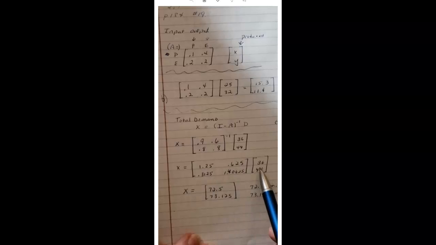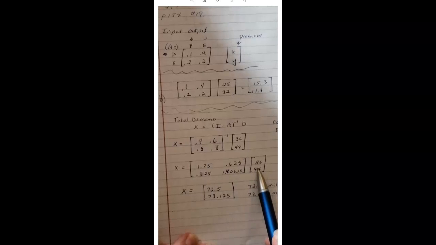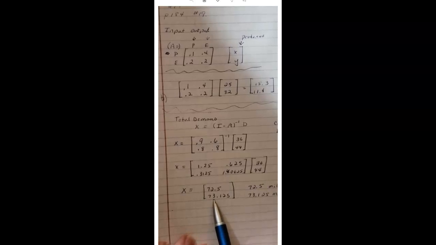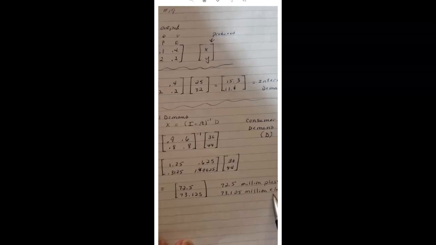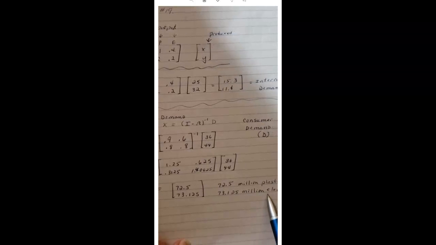Multiply the inverse of that times the consumer demand matrix and end up with our total demand matrix, which means that I have to produce $72.5 million worth of plastic components and $73.125 million worth of electricity components to make sure that I can take care of what the consumer wants, along with taking care of whatever I used in the process of making all that much.